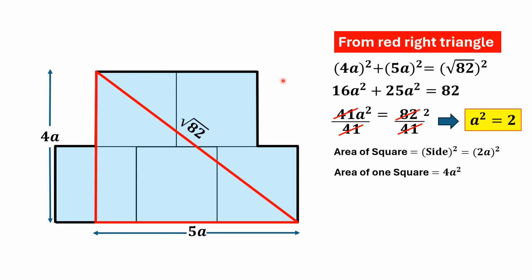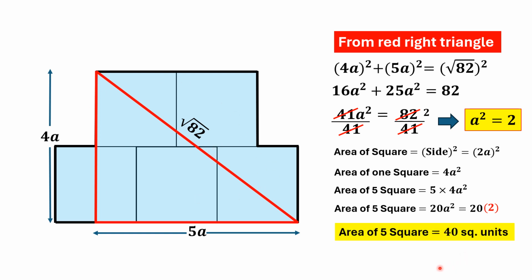We have to find the area of all these five squares, so we just multiply with 5 and we will get area of 5 such squares, that is equal to 20a square, and we will substitute the value of a square, that is 2, and from here we will get 20 times 2. Thus area of these five identical squares arranged in this manner is equal to 40 square units.